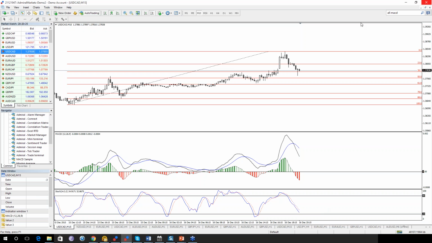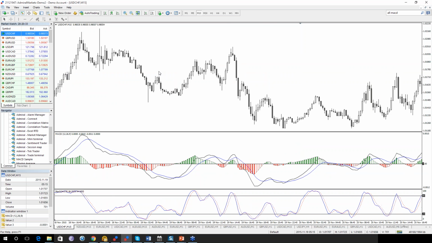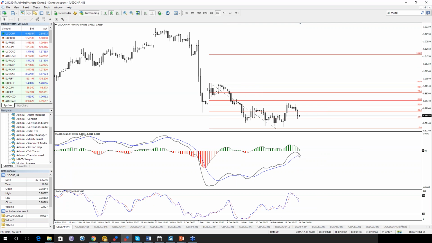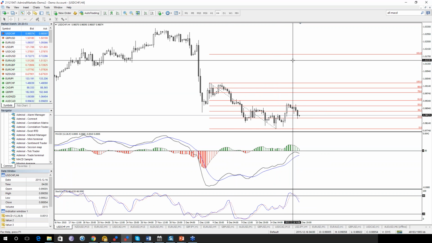Now let's use, for example, euro dollar analysis. Or what did we put? Dollar Swissy, right? The 4 hour is also having a retracement in a downtrend. We put Fibonacci, and look at this, guys. This was a potential signal for you to go short here, this candle.